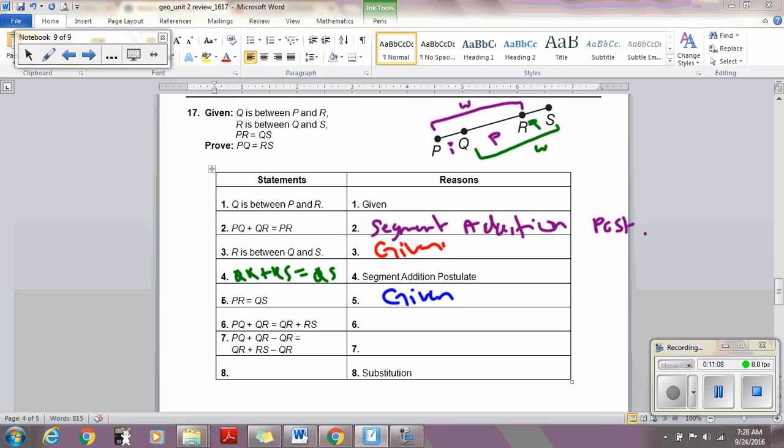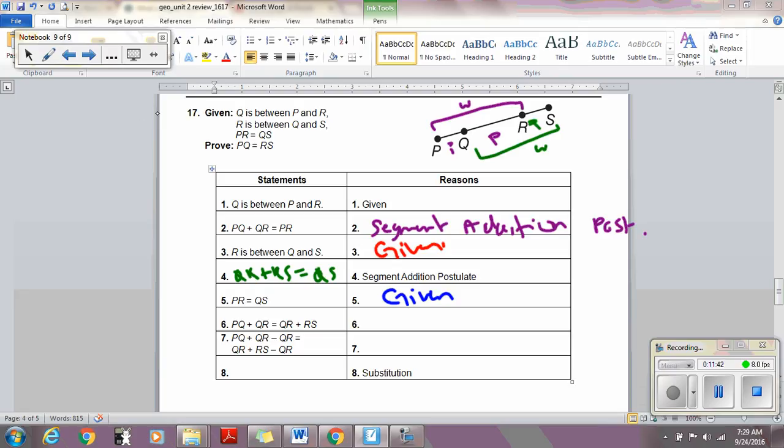So to go from statement 5 to statement 6, sorry, let me move on. The same thing has been added to both sides of the equation.